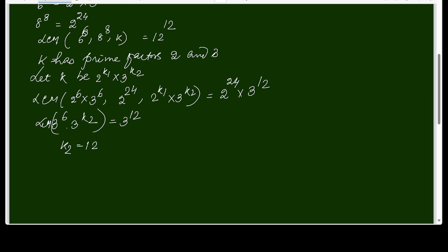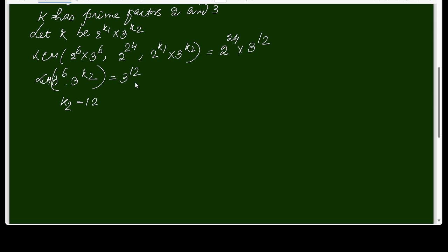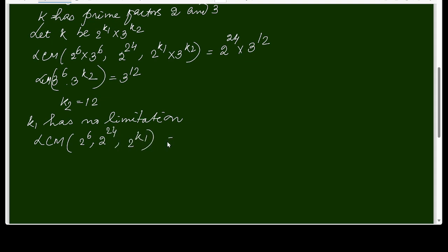Now what about k1? k1 has no limitation, because the LCM of 2 power 6, 2 power 24 and 2 power k1 equals 2 power 24.